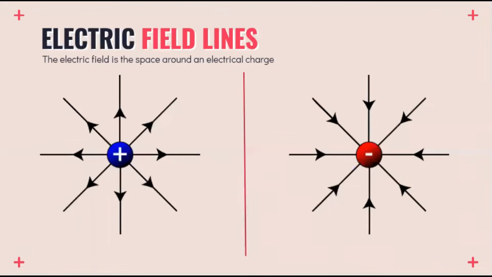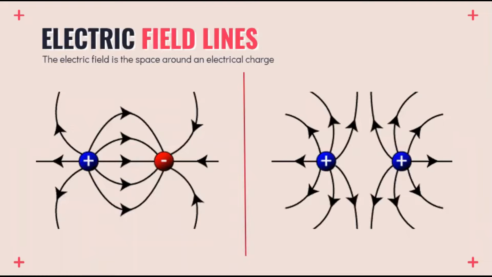For a positive charge, the electric field line is directed outward from the point charge. On the other hand, if the point charge is negative, the electric field line is directed towards the point charge. So when these charges interact with one another, they create this representation of attraction.